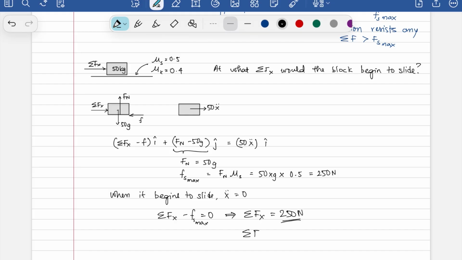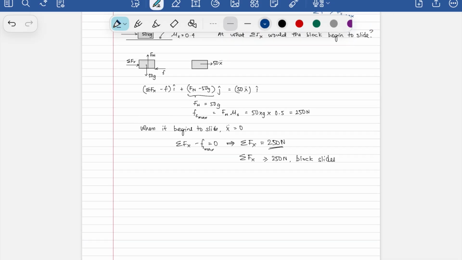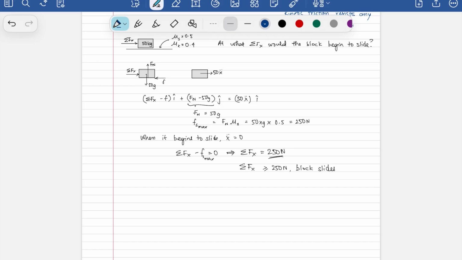So when sigma Fx is greater than or equal to 250 newtons, the block slides. Okay, this is relatively easy. I hope that this makes sense.